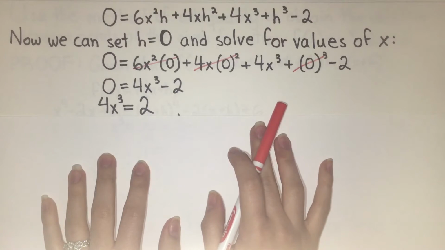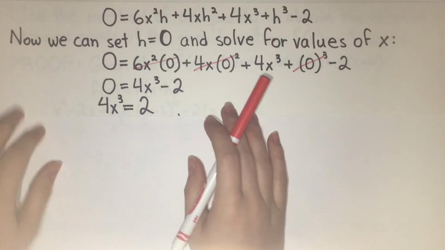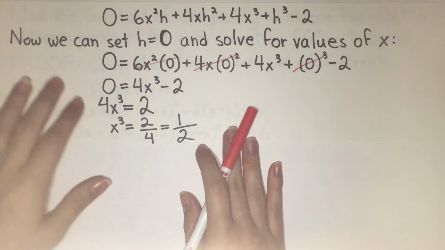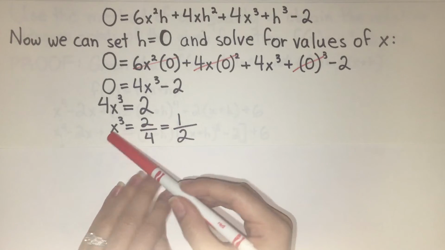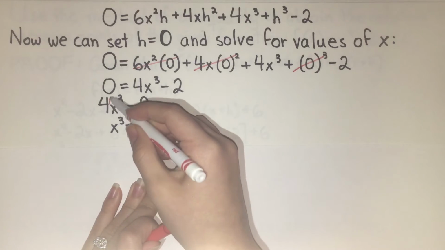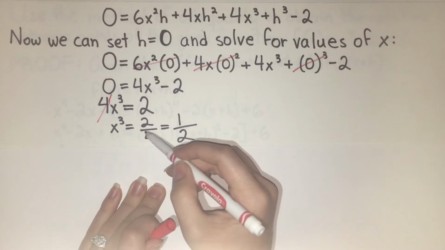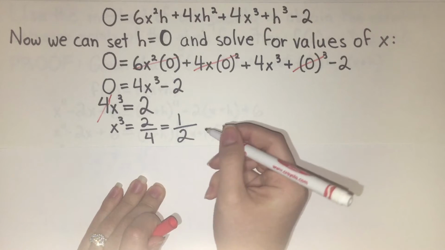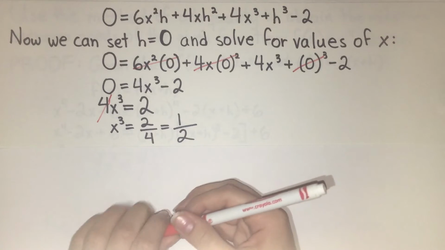We were solving for x, so we continue by dividing both sides by 4. We get x cubed is equal to 2 over 4, or 1/2 if we simplify completely.